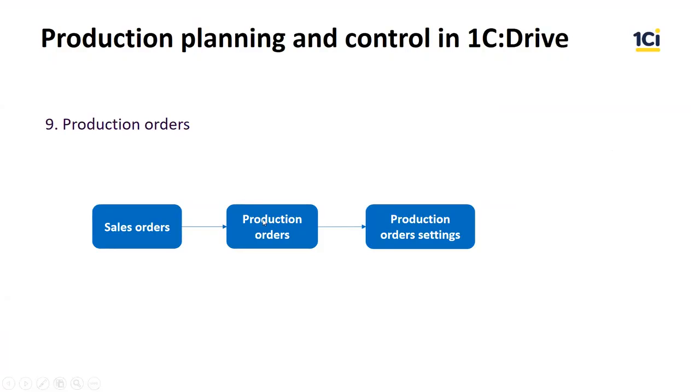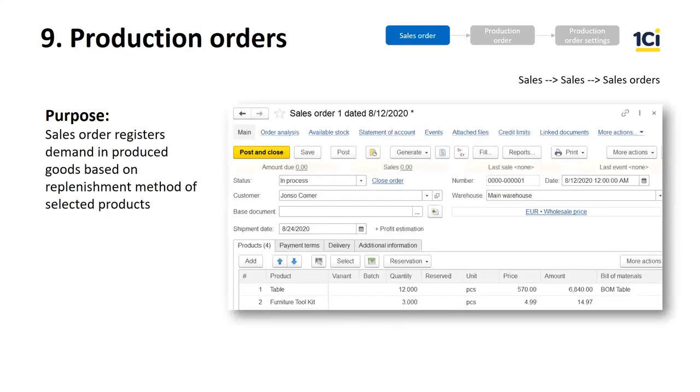So we either make production orders based on sales orders, or we immediately register production orders according to some company plans and policies. Let's see, a sales order might contain produced goods as well as purchased goods. And when the product must be produced, we see the bill of material in here, and also the replenishment method that we saw on a product's card is analyzed here.